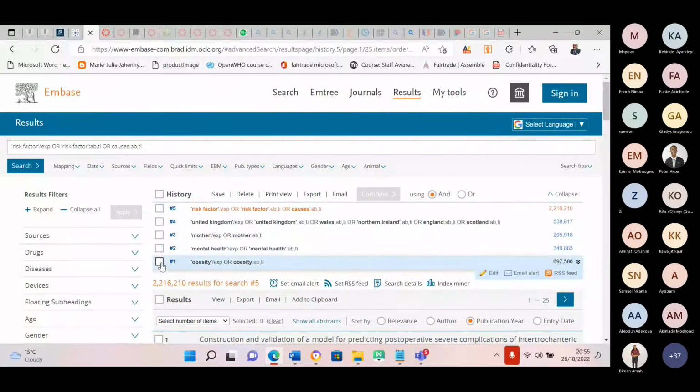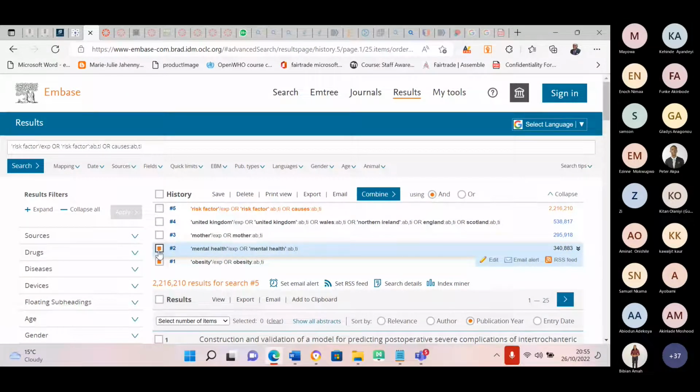So I'm going to check all these: 1, 2, 3, 4, 5. Am I combining with OR or AND? I'm combining with AND this time around. Do you understand me? Good. So you now say combine.